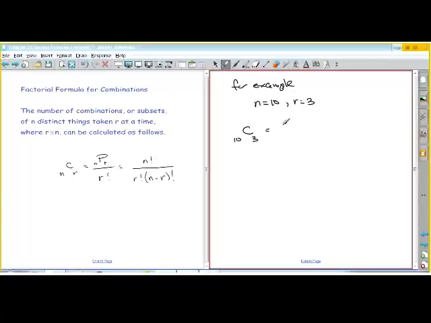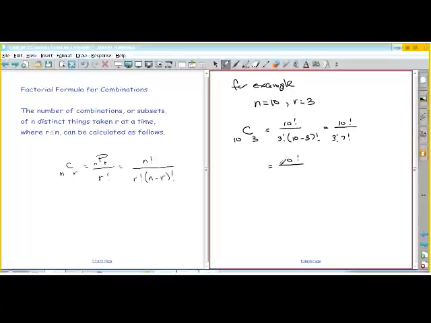So we write it out as 10 things taken 3 at a time in combination, and it's going to be equal to, we use this formula, 10 factorial divided by R is 3, so 3 factorial, and then you have 10 minus 3 quantity factorial. So n is the total number of things you're choosing from, R. The way we evaluate this is you have 10 factorial, you do the math in the parentheses, you get 7 factorial.